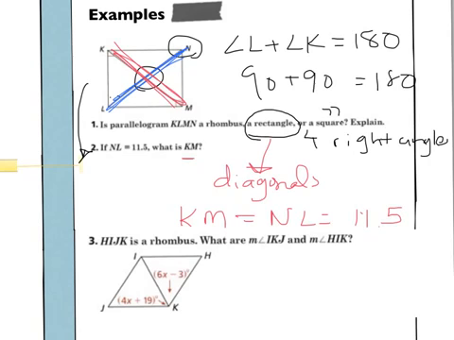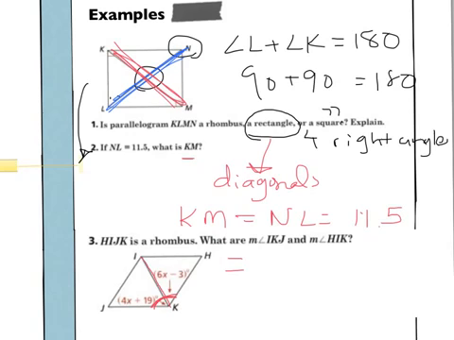Okay. Number 3. HIJK is a rhombus. Okay. So what are the measurements of IKJ and HIK? Okay. So these 2 angles here. So we know with the rhombus that the angles are bisected by the diagonal. So that means these 2 angles are the same. They're congruent. They're equal.